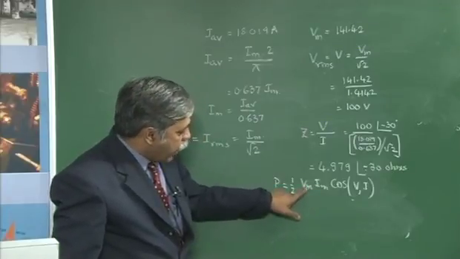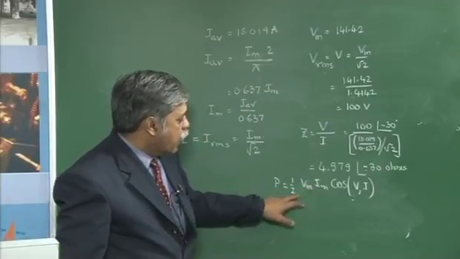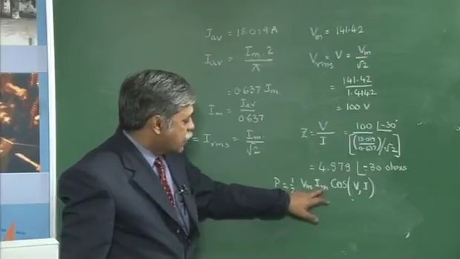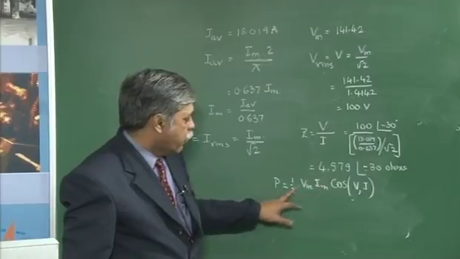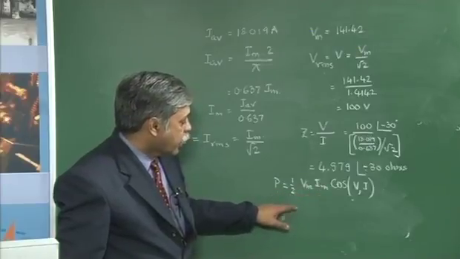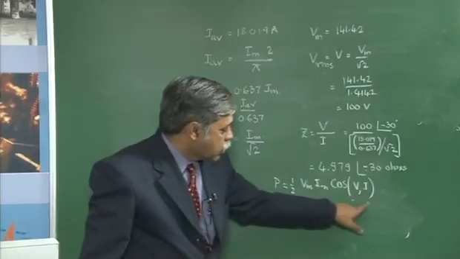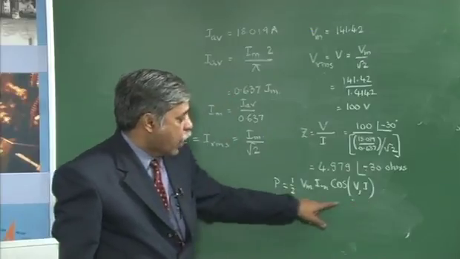So the RMS value I have written as maximum value by root 2, current also maximum value by root 2. So square root of 2 into square root of 2 in the denominator will give you 2 in the denominator, okay. That is why this is also the power equation for the average value of the power.